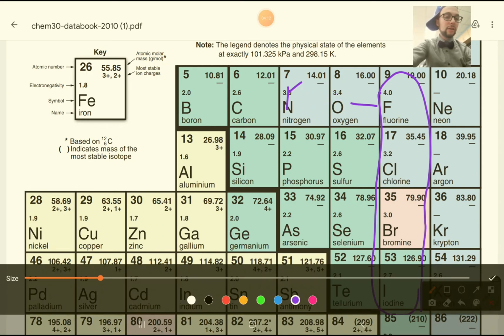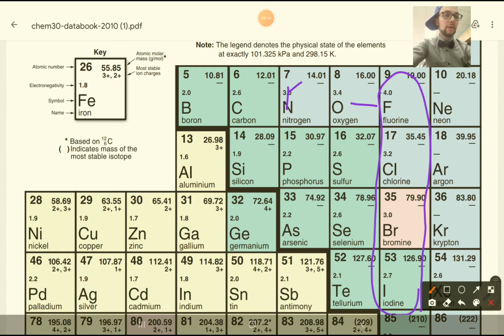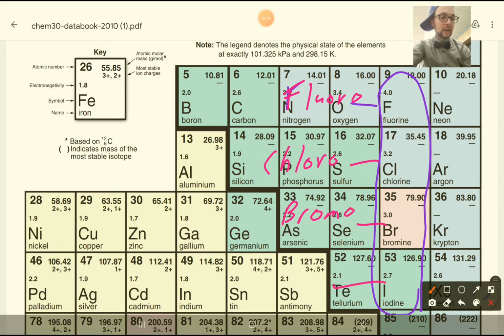Yeah, we'll do it in pink. So fluoro. This one would be chloro, bromine would be bromo, and of course iodine would be iodo.